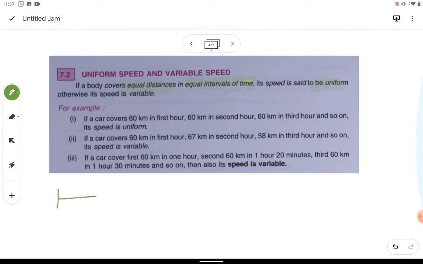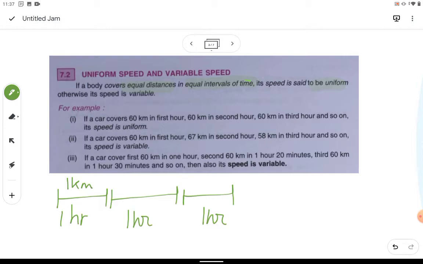Suppose this is 1 hour, this is another hour, and this is the third hour. If in all the three instances the body covers 1 kilometer, then 1 hour 1 kilometer, 1 hour 1 kilometer, 1 hour 1 kilometer. So we have got equal intervals of time and the body is covering equal distances.